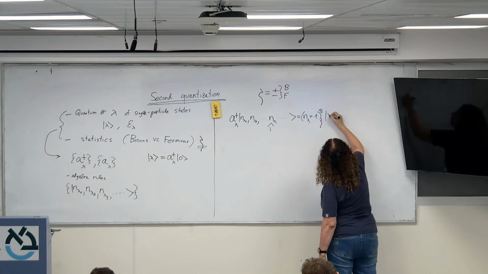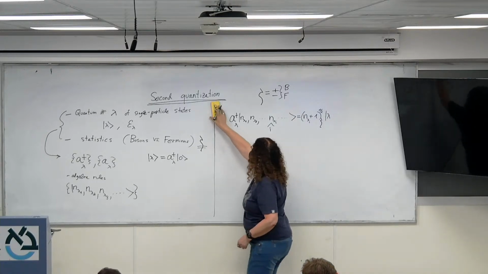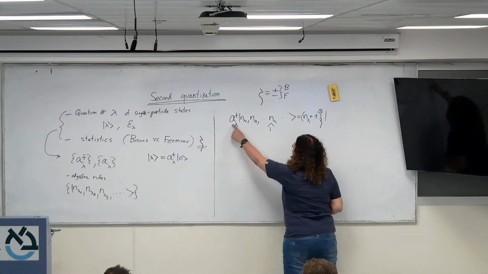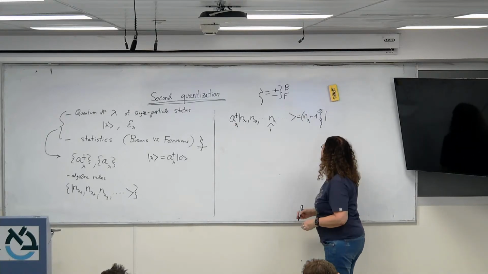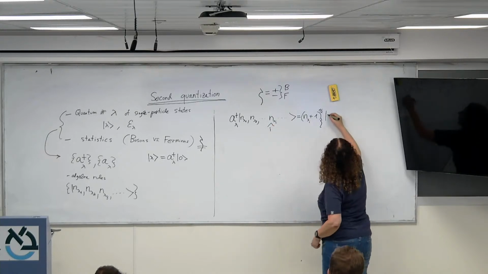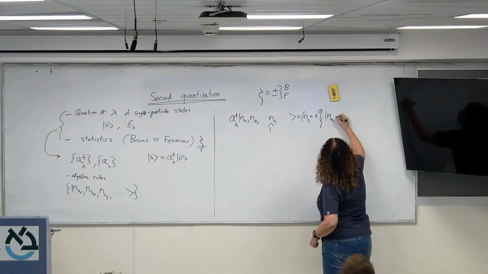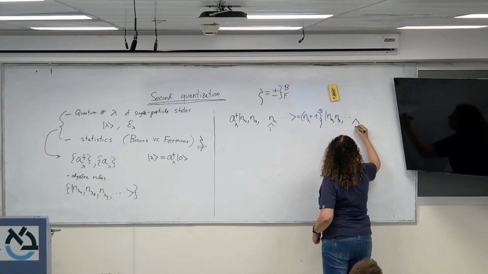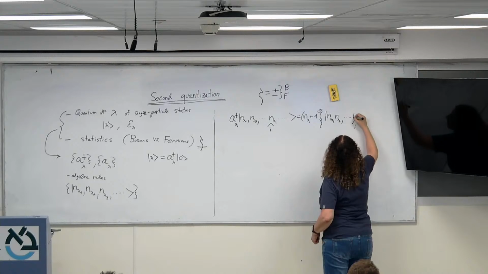And now, because I acted only on the occupation of the particles with quantum number λi, everything else remains the same, except here at the same ith place I now have n_λi plus 1.